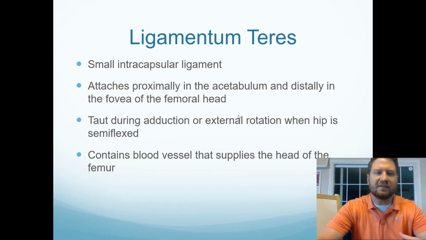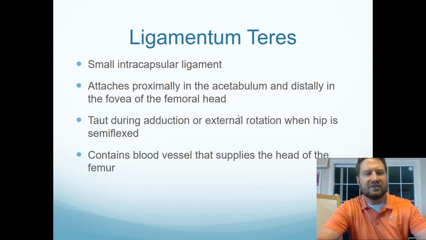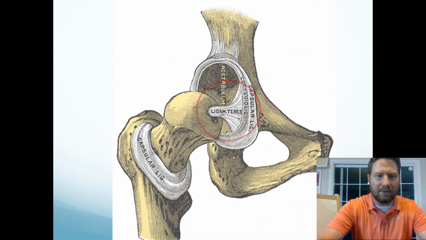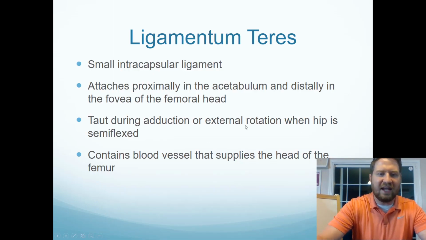This is a small intracapsular ligament that attaches proximally to the acetabulum and distally in the fovea of the femoral head. It is tight during adduction or external rotation when the hip is semi-flexed. And the cool thing about it is that it contains a blood vessel that supplies the head of the femur.